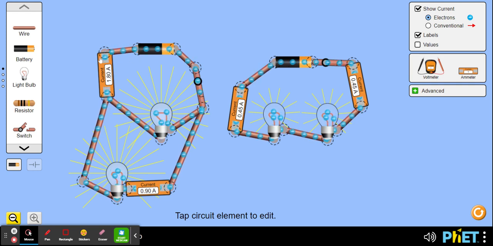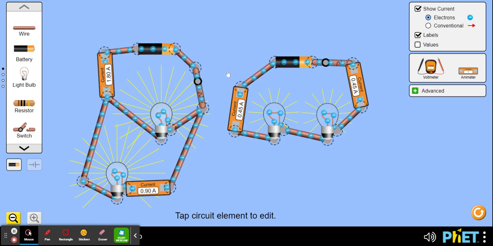But what happens then is that if we look at where the electrons are flowing through just one light bulb, that's going to be twice as high as the 0.45 over there. But then they're going to join back together again, and that's where they're going to double. So they have to have twice as much current here in order to get the 0.9 here, which is going to be twice as much as this one here.